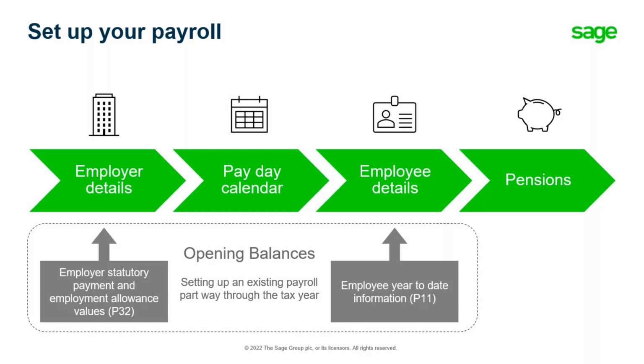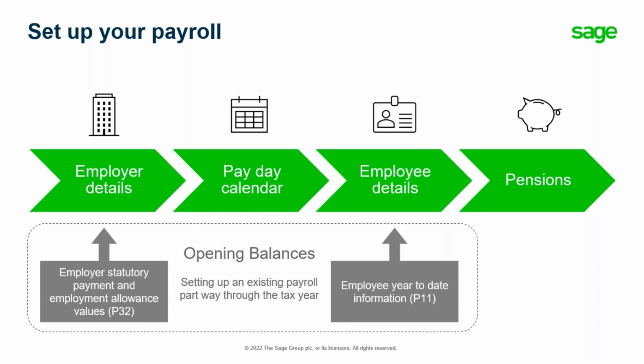And for the employee, you'll need their year-to-date information, which you typically find on a P11 report. So that's not needed if you're setting up at the start of a tax year, which I expect some of you here probably are, but I thought I'd mention it as it is something that is required if you're going to be doing this a couple of months down the line.